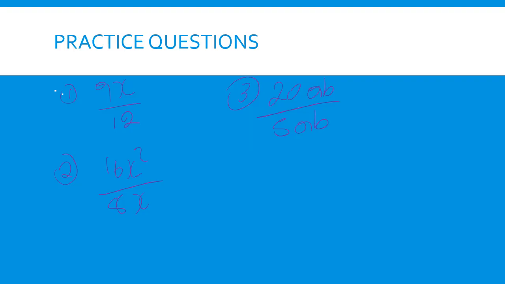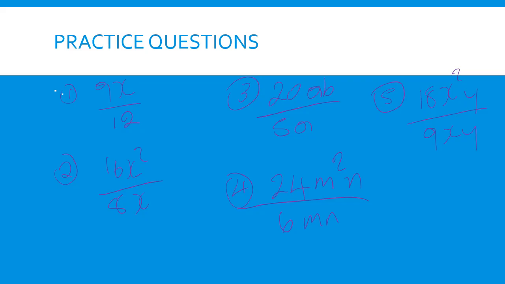And for number 4, it's going to be 24m squared n over 6mn. Number 5, 18x squared y all over 9xy.